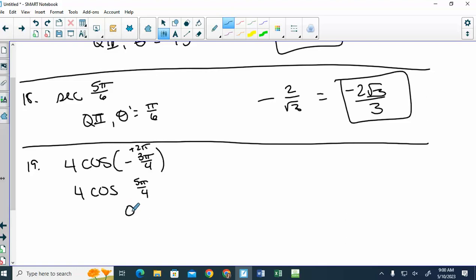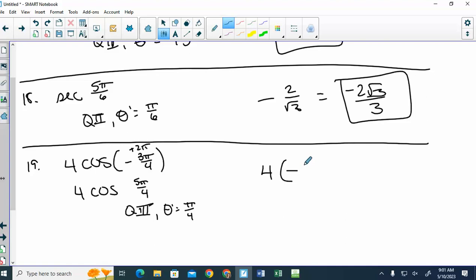5 pi over 4, what quadrant? Reference angle is pi over 4, which is the same as 45 degrees. So we have 4 times. In quadrant 3, is cosine positive or negative? Negative.